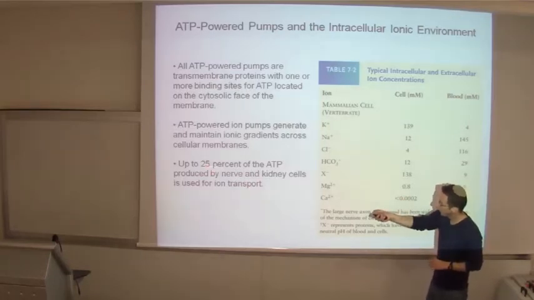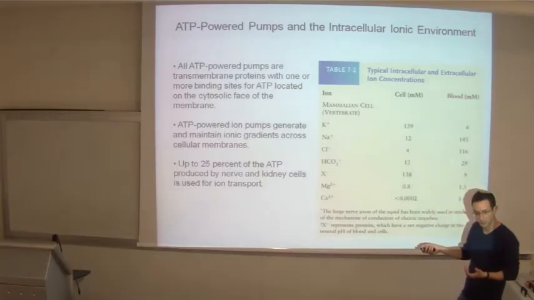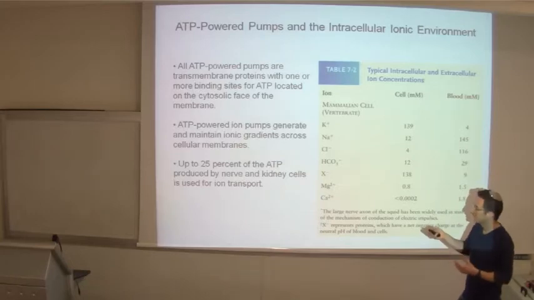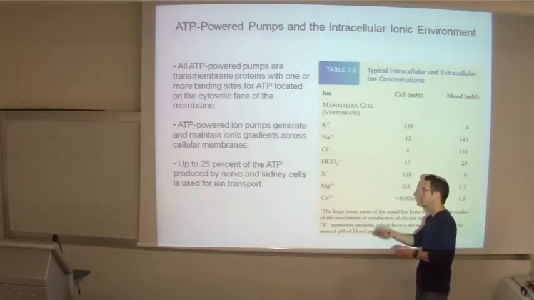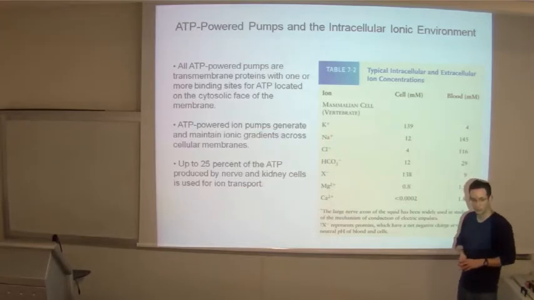So this is a quarter of the available ATP in the cell. Just think of how many additional processes a cell has to be involved in besides ion transport, but still a quarter of the available energy for the cell goes to maintenance of these ionic gradients.